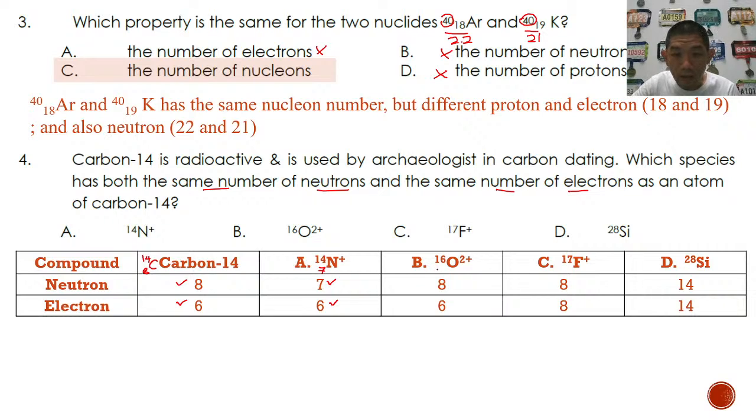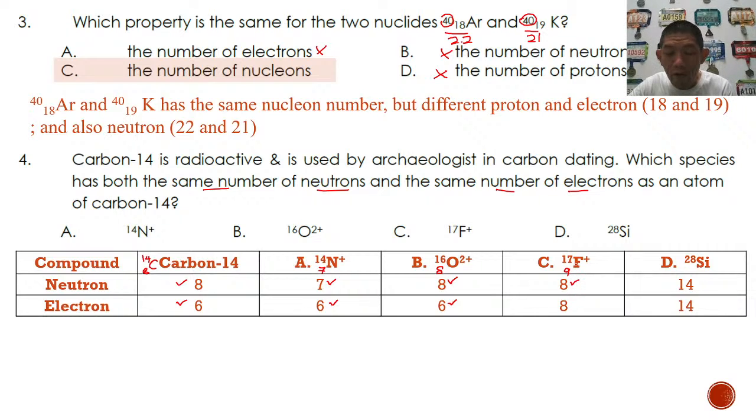As for oxygen, the proton number is 8, so the number of neutrons is 16 minus 8, therefore you have 8. In terms of electrons, since the proton number is 8, when you have 2 plus it means that you have donated 2 electrons, so the answer is 6 for oxygen 2 plus. As for C, if you check the periodic table, fluorine is 9, so 17 minus 9 gives 8 neutrons.